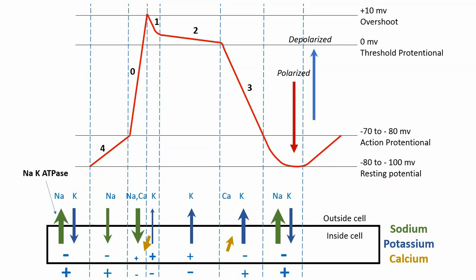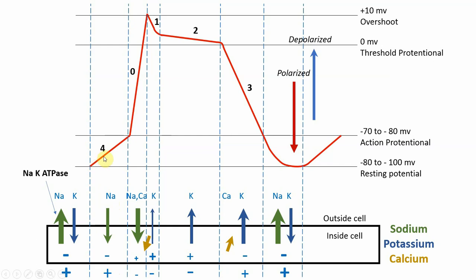Now at the beginning of phase 4, this sodium potassium ATPase starts losing its action, leading to a slow entry of sodium inside the cell. There is an opening of sodium channels and slow entry of sodium starts inside the cell. So this leads to the weakening of the outside positive current and weakening of the negative inside the cell also.